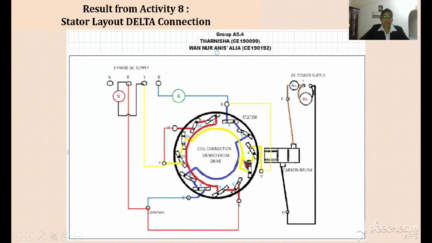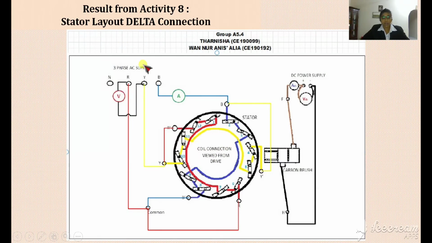So as I told earlier, these are the coil connections of the stator in the motor. What we can see is that the differences are at the outgoing and also incoming.